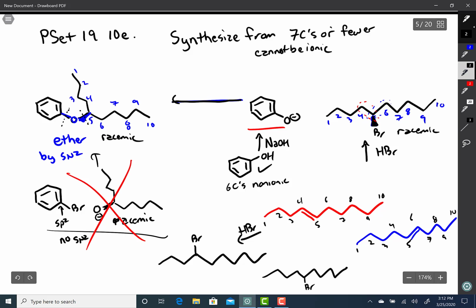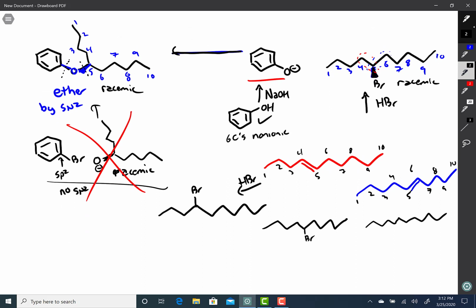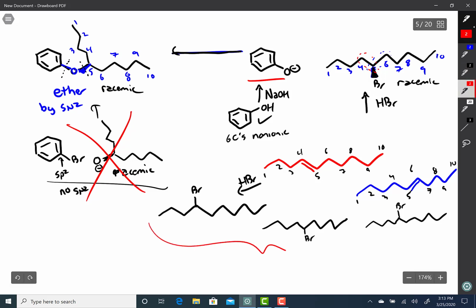If we use the blue molecule, we would get bromine on carbon 5 where we want it to be, or we would end up getting it on carbon 6. So, the red alkene goes to these two possibilities.